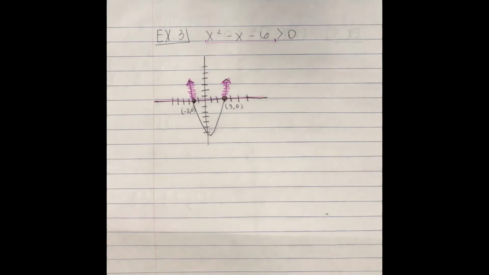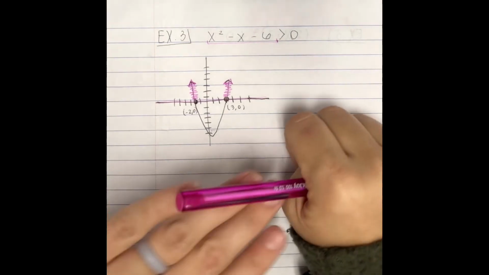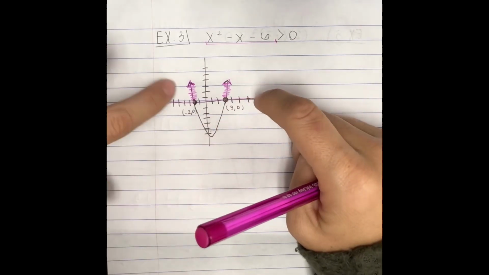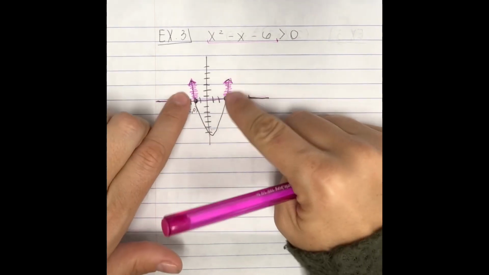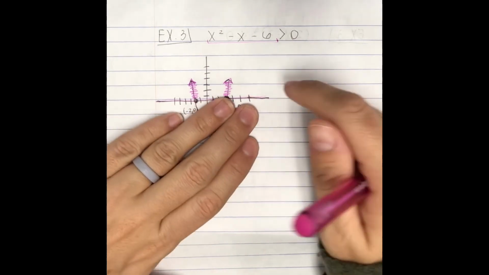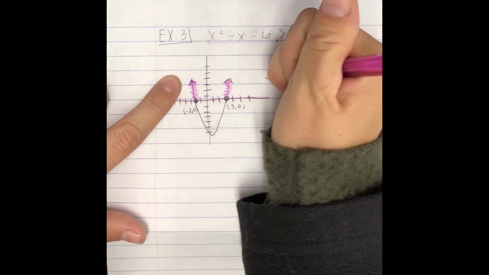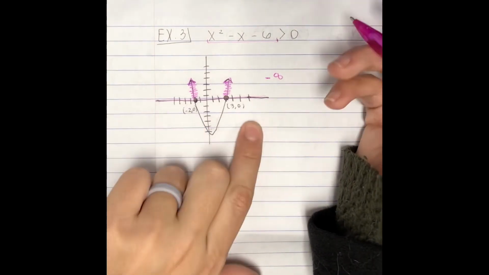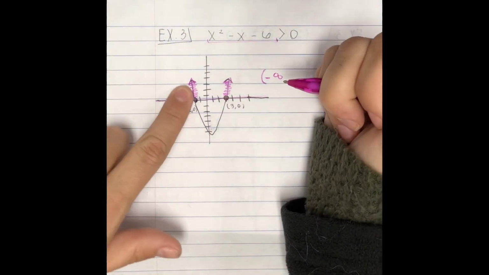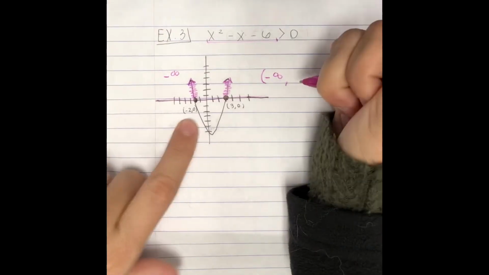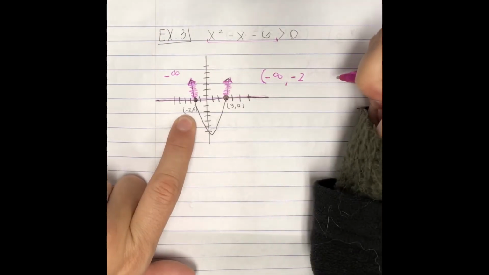Okay, so once again, our shaded parts are split up, right? It's this section and this section. They don't go together, okay? So we're gonna have to union them. So we're gonna say from -infinity, you always go from smallest to largest. So the smallest it's gonna go would be all the way to -infinity. And then we're gonna go to -2.